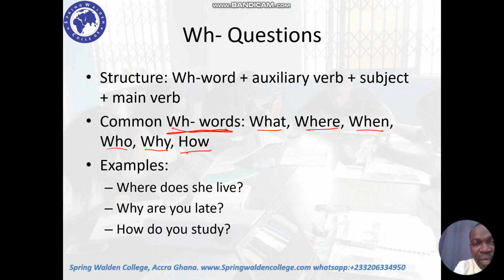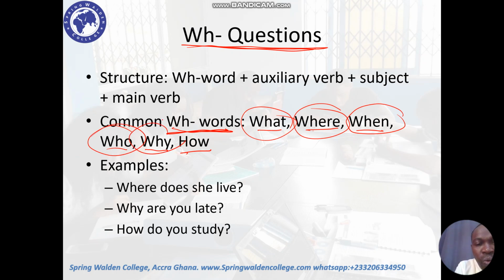So if you are talking about WH questions, it means that the question begins with what, or where, or when, who, why, how. So if they ask you what are WH question words, these are the WH question words.